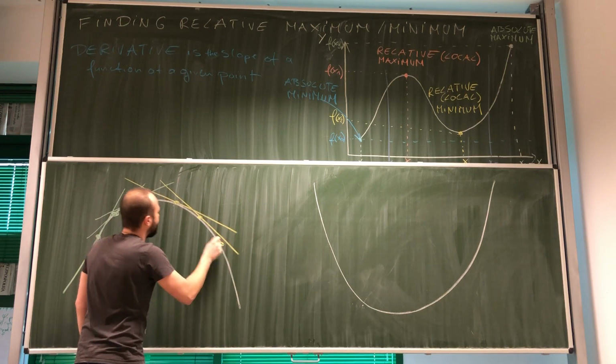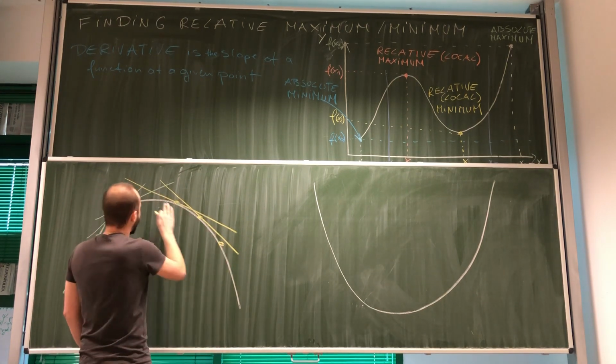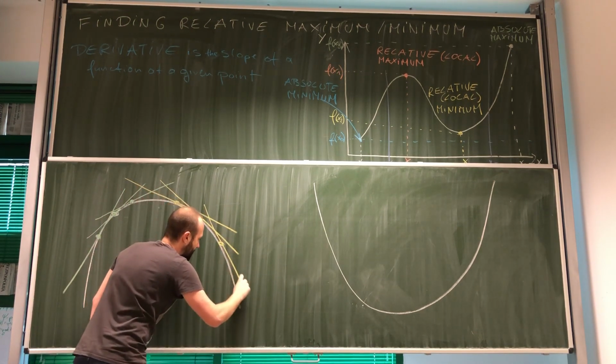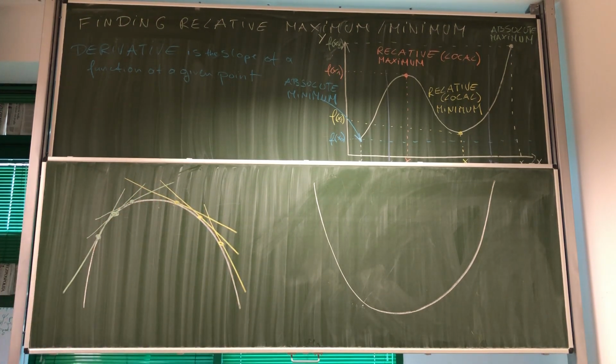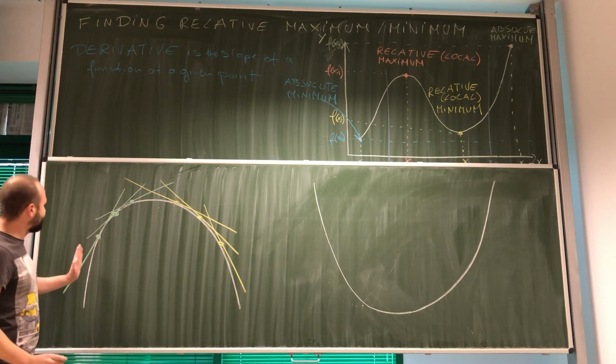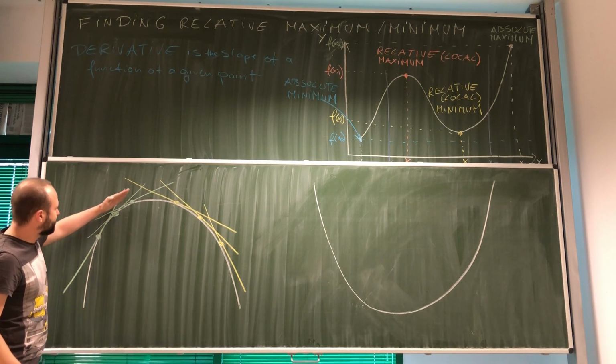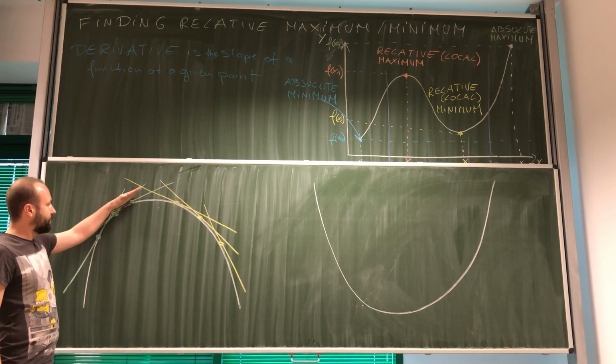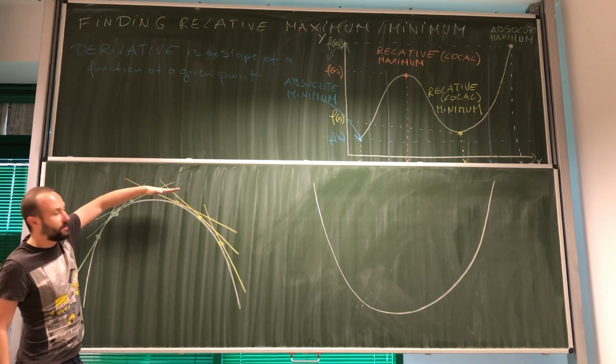And look, the further and further away I would be going from the top of this hill, the steeper the line would get, right? So look, as I'm getting closer and closer to this point, this line has a positive slope, but it's getting flatter and flatter.